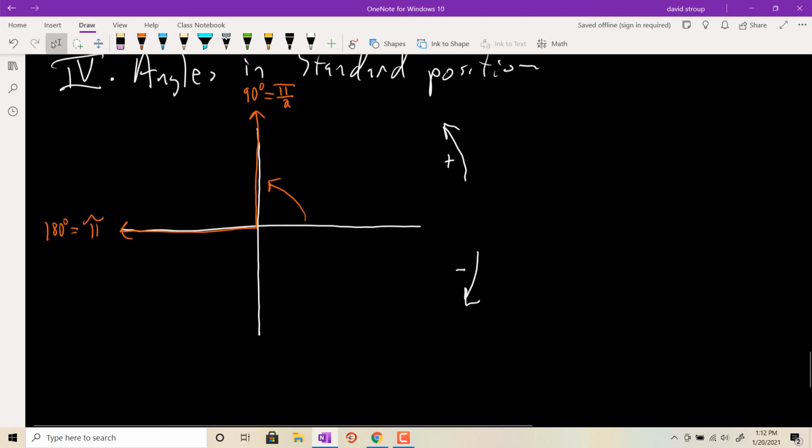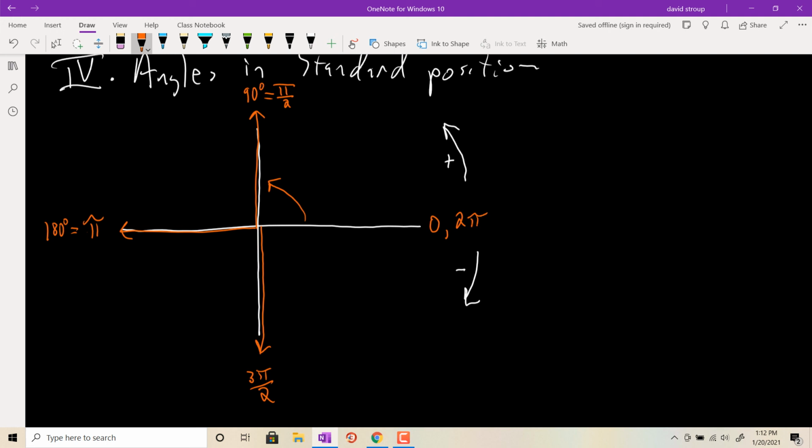And then if you go another pi over 2, or 90 degrees, you'll get 3 pi over 2. Assuming we started at 0 degrees, this guy down here is 3 pi over 2. If you go by another pi over 2, you should get 4 pi over 2, which is the same as 2 pi.